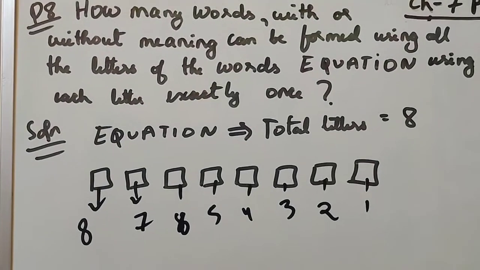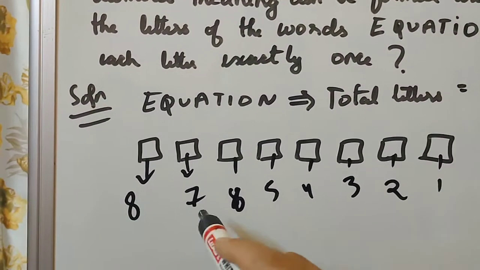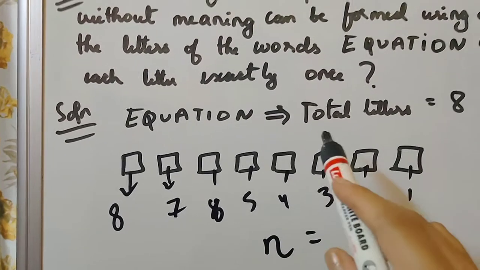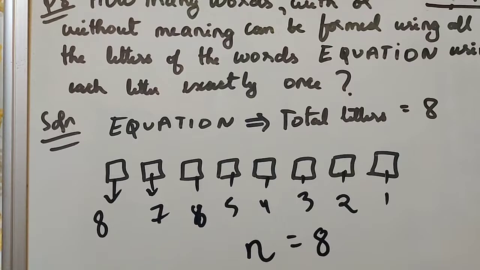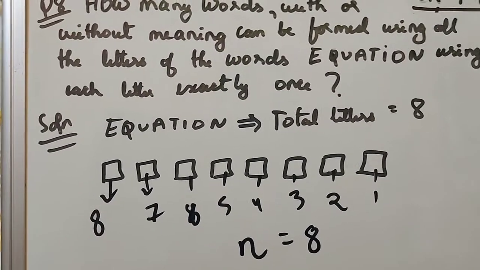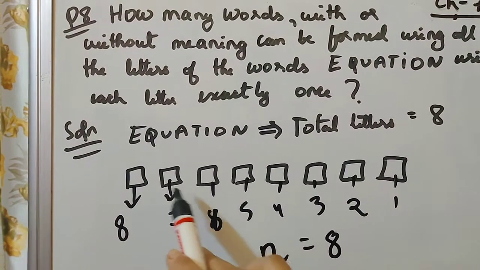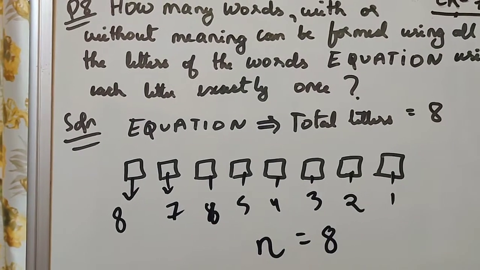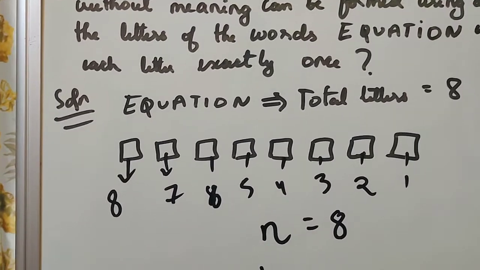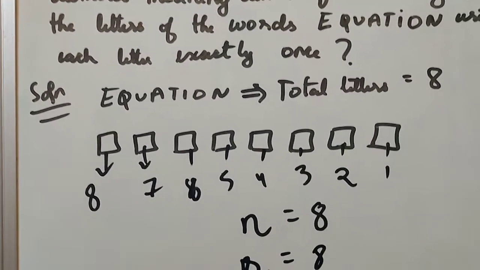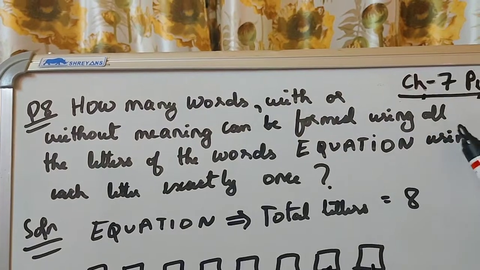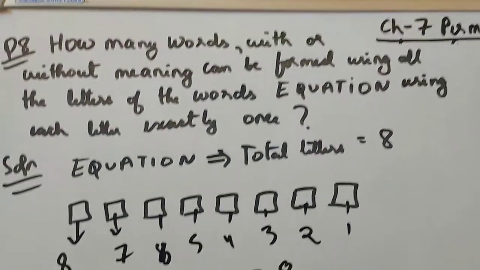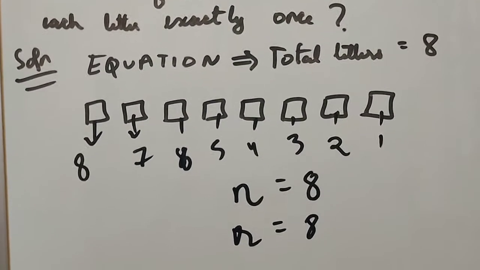So according to permutation, your n is the total letters, that is 8. And the arrangement: here we will be using 8 boxes, 8 letters each used exactly once, so my r will be 8. It is given using all the letters of the word EQUATION, so total letters are 8, and that is why my arrangement will be 8.